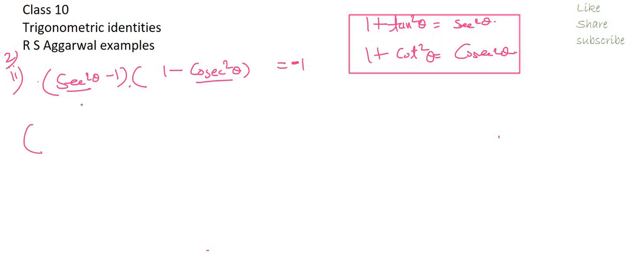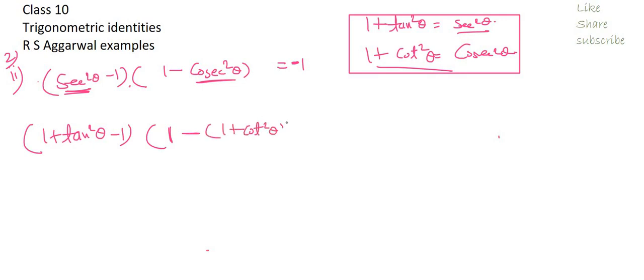Okay, so let's put sec square, what is sec square? Sec square is 1 plus tan square minus 1. Then 1 minus, what is cosec square? It is this. So let me put it in bracket, cot square theta. Okay, now let's see, 1 and 1 cancel.